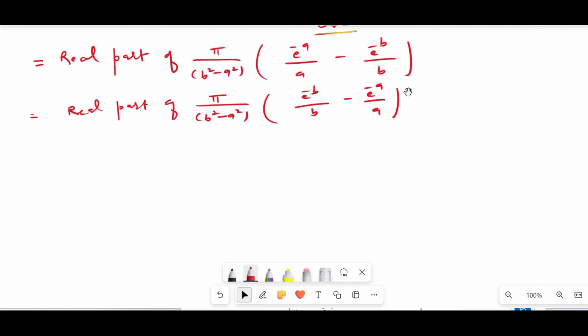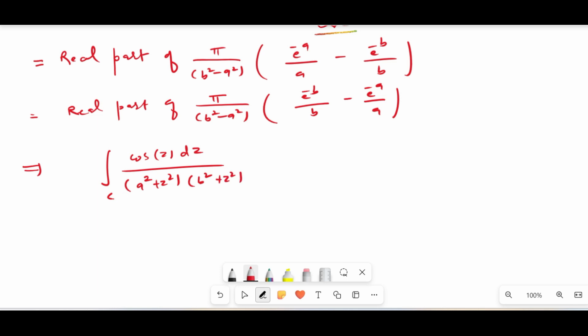So now further, it implies the value of the integral over the curve c of cos z dz over (a square plus z square)(b square plus z square) is equal to pi upon (b square minus a square) multiplied by (e to the power of negative b upon b minus e to the power of negative a upon a).